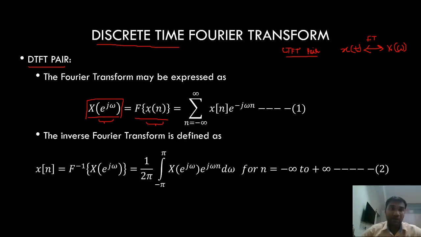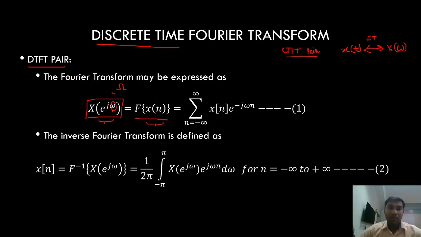In some textbooks, instead of this omega, they'll use this kind of capital omega for the discrete time Fourier transform. Both are equally correct. You can use either small omega or capital omega, it doesn't matter.